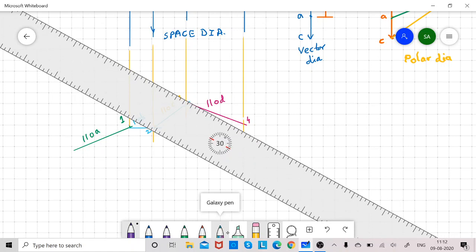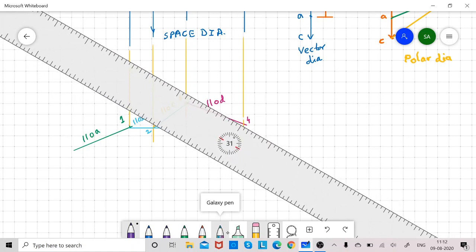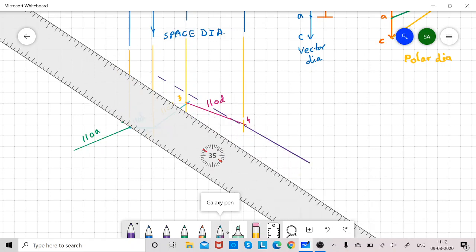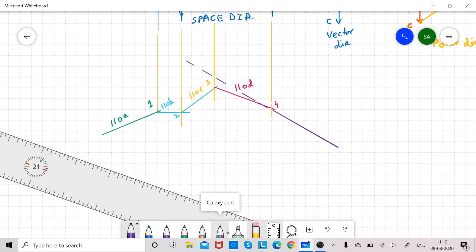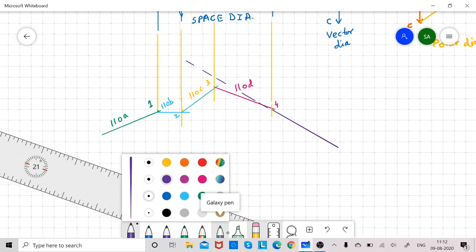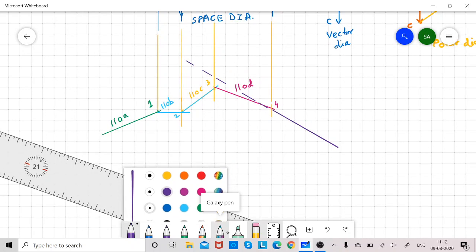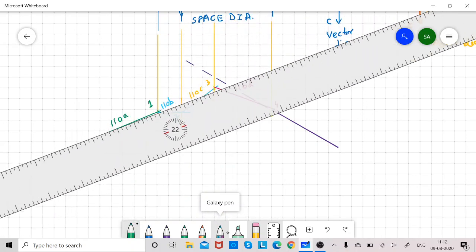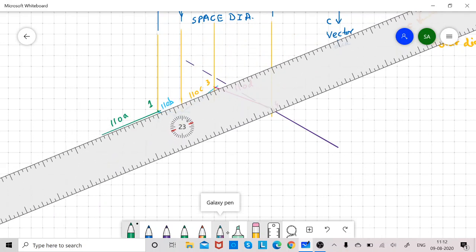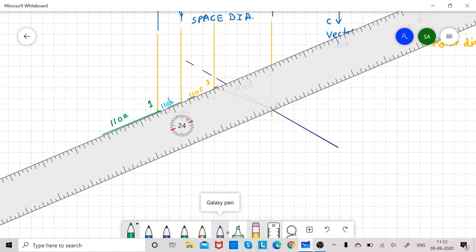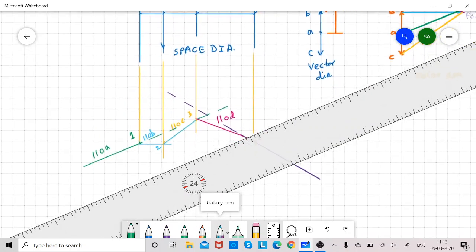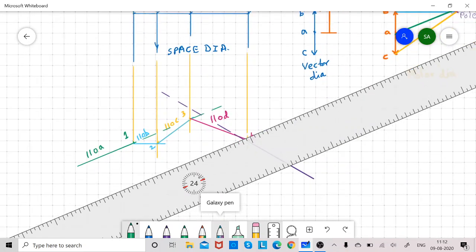I am drawing a line parallel to OE in space E, and extend this last parallel line drawn and the first parallel line drawn, that is, in this case, OA. So extend the first and last parallel lines to intersect each other. So this is the point of intersection.